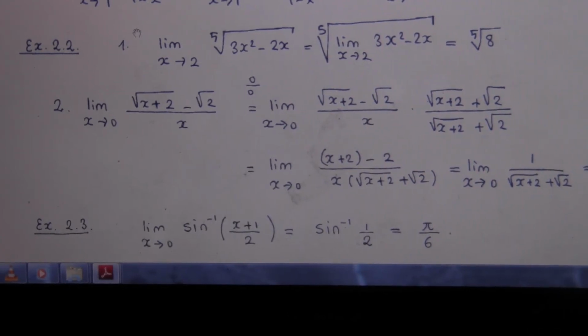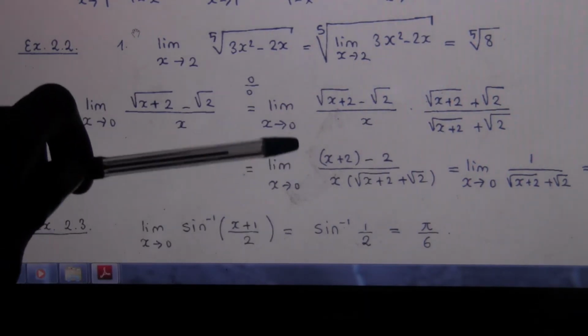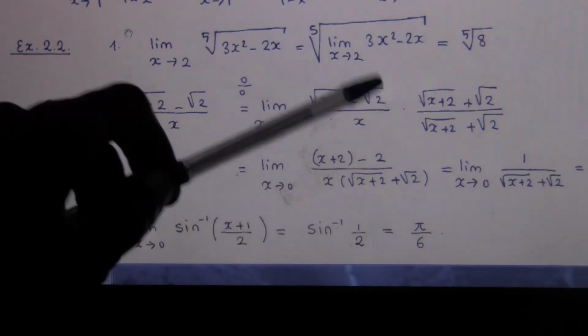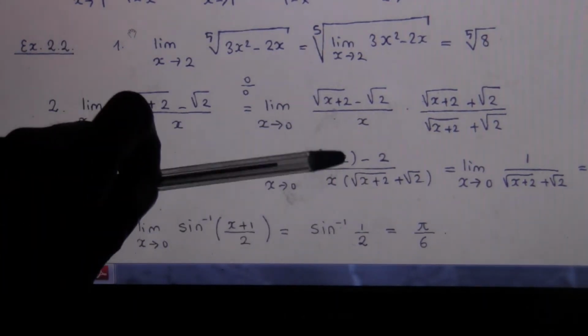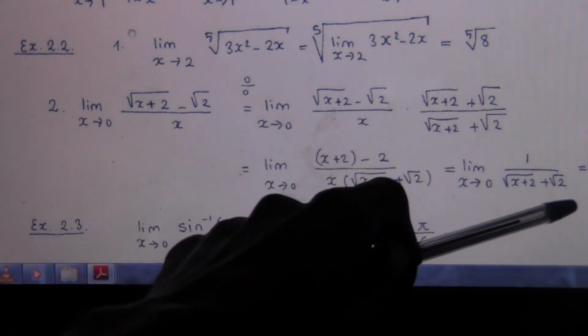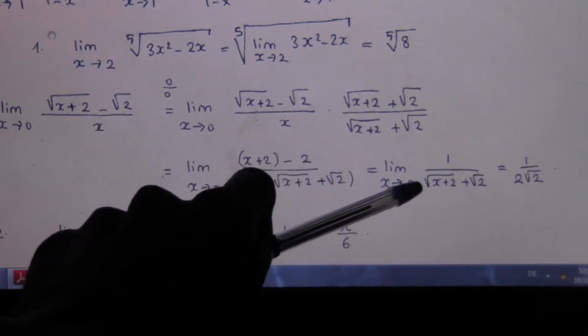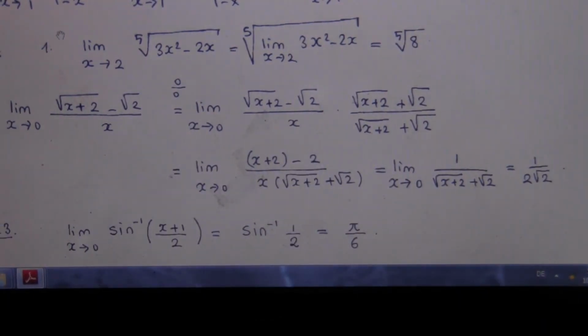Did I skip any steps? Oh, wow, I can't even see this. Alright, x is there, so 2 minus 2 is 0, and x goes up to the x, and you're left with that. Then you plug in the 0, and you get 1 over 2 root 2.